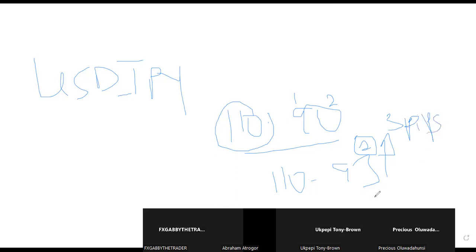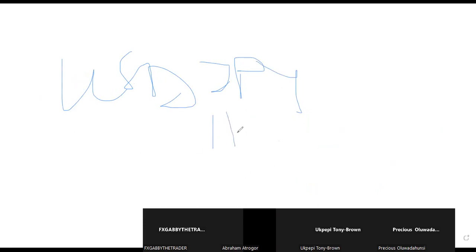Very simple. Now let's go the other way. We're working that. So let's say we have a certain market price, 110 or 110.90. We start doing our labeling and draw this line again. This is units. This is our tens. And this is going to be our 100.